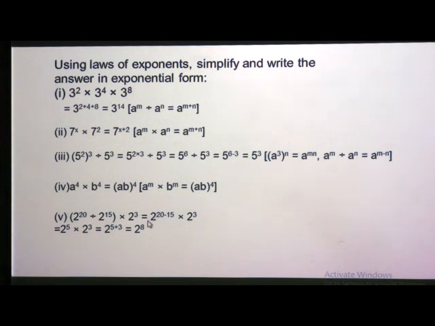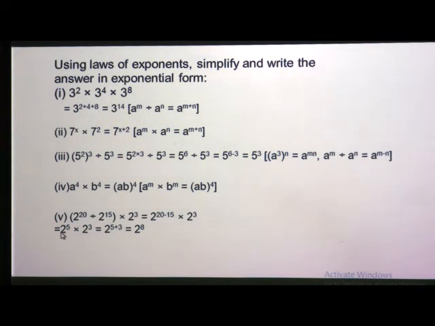So, we will write a common base, and when it is a division, the power should be subtracted. So, we write 20 minus 15. So, this bracket we have solved, then as it is we will write multiplied by 2 cube. Now, you know the subtraction of this, 2 raised to the power of 5 into 2 raised to the power of 3.